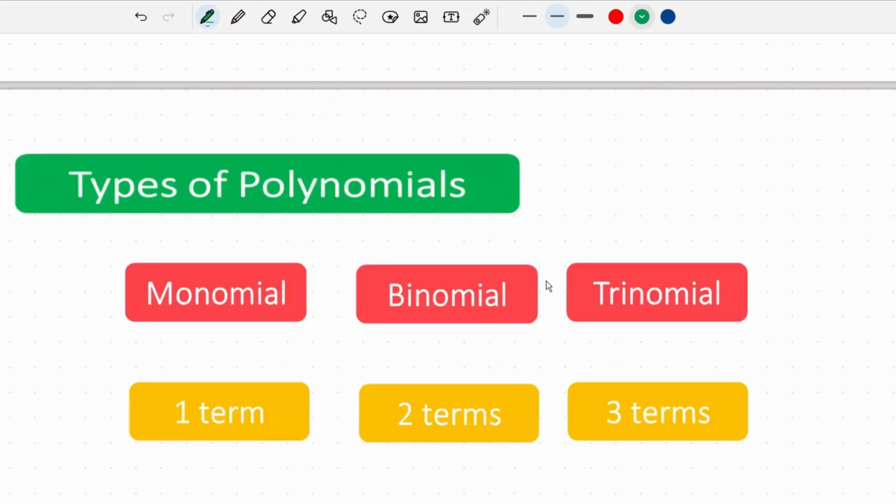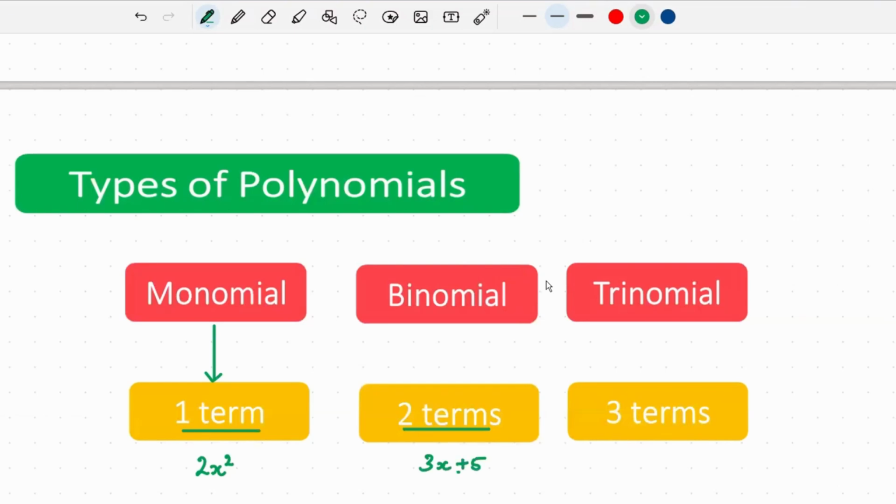So based on the number of terms, there are different types of polynomials. Suppose you have only one term. For example, your polynomial is 2x square. So there is only one term, which means this is a monomial. If there are two terms, for example, you have it as 3x plus 5.